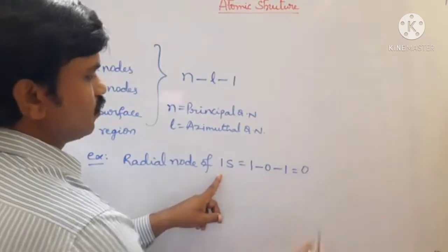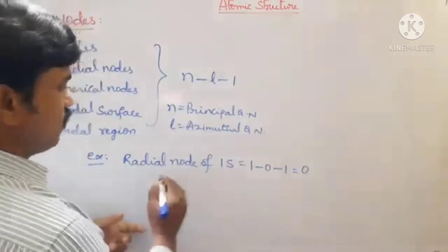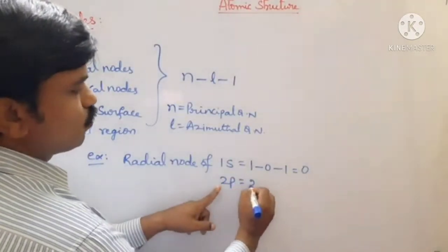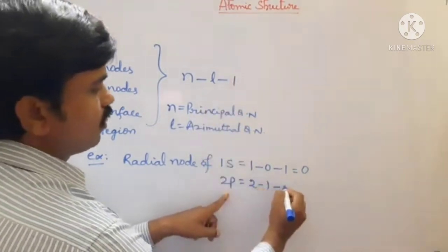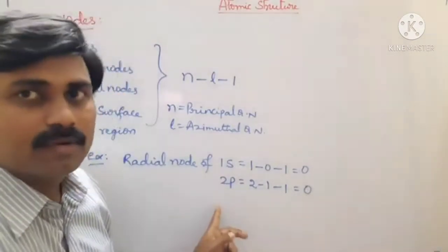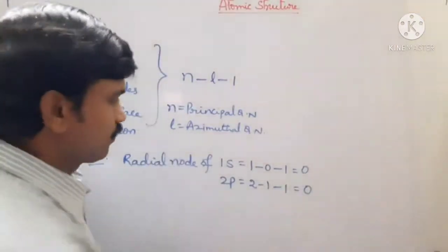So it is 0. For 1s orbital, radial node value is 0. In case of 2p orbital, n value is 2. For p orbital, azimuthal quantum number L value is 1, and 2 minus 1 minus 1 is also 0. For 1s orbital and 2p orbital, node or radial node or spherical node value is 0.